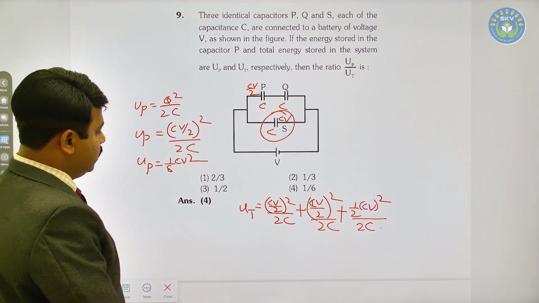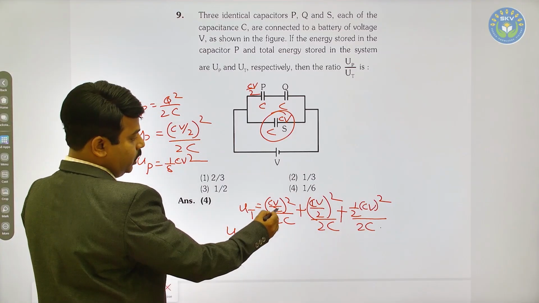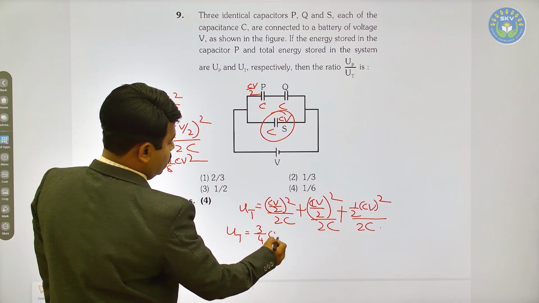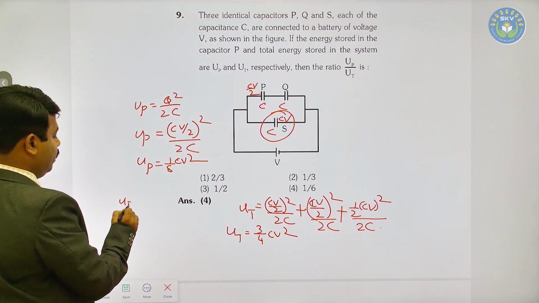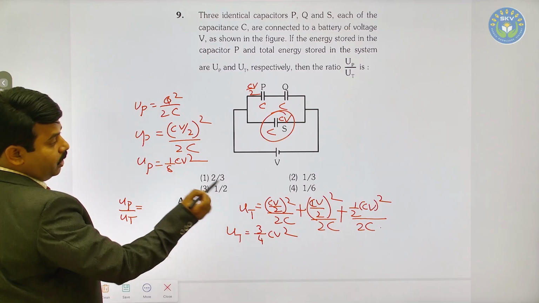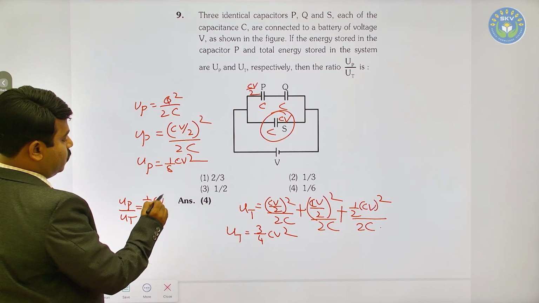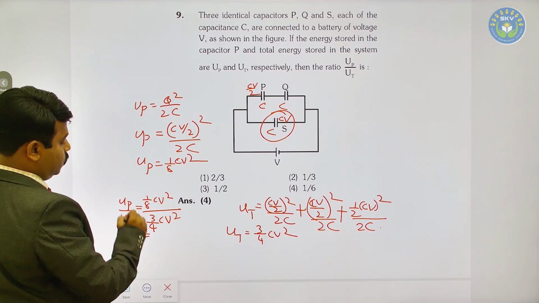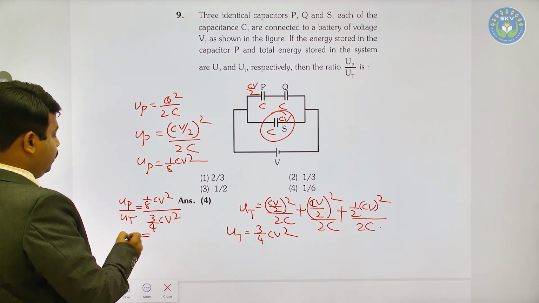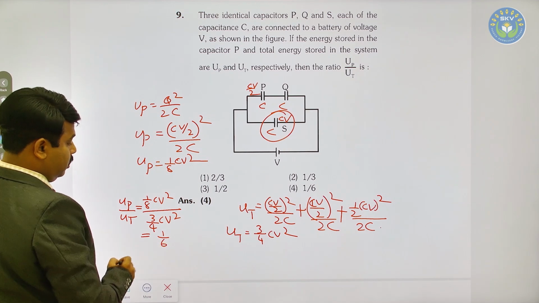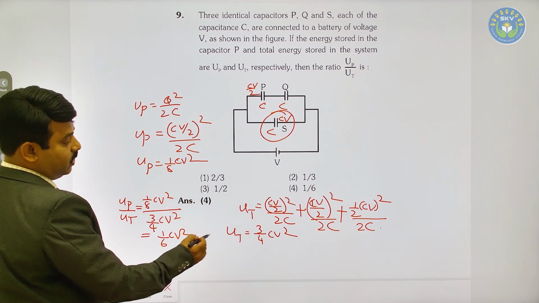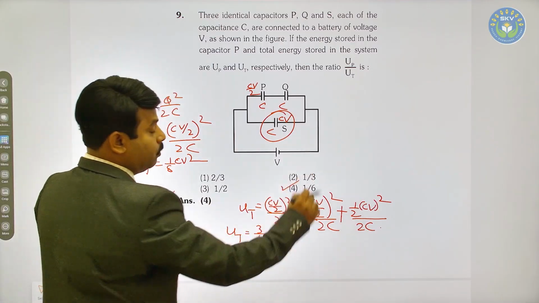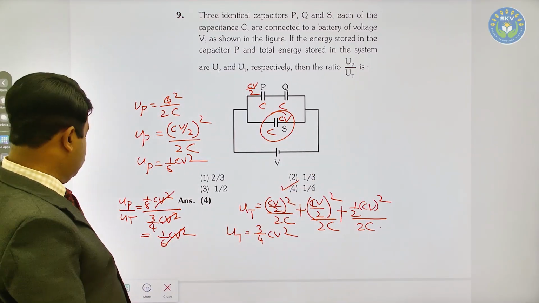Now, by adding this, you get UT is equal to 3 by 4 CV square. Now we divide UP by UT, that is 1 by 8 CV square divided by 3 by 4 CV square, right? So this 4 goes up, then 1 by 6. CV square cancels, then 1 by 6 only, right? Then which is the option? Option 4 is correct, right? Good.